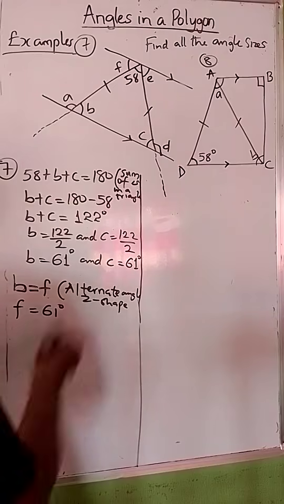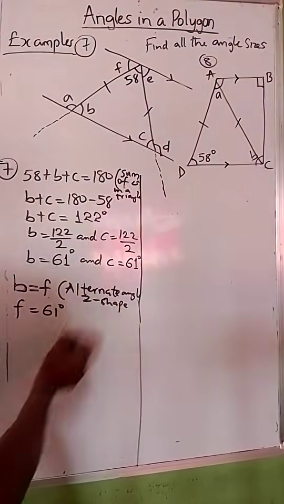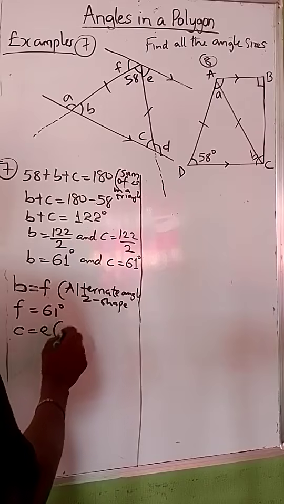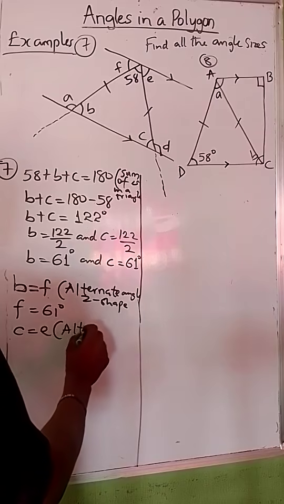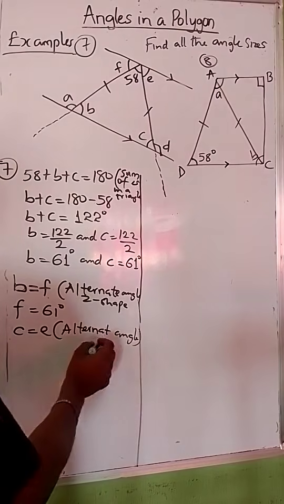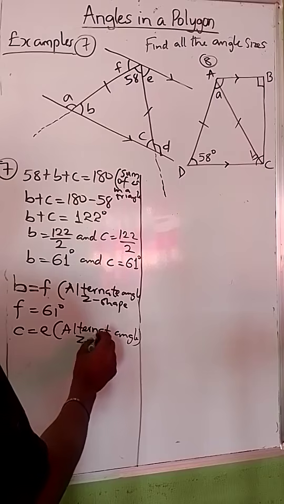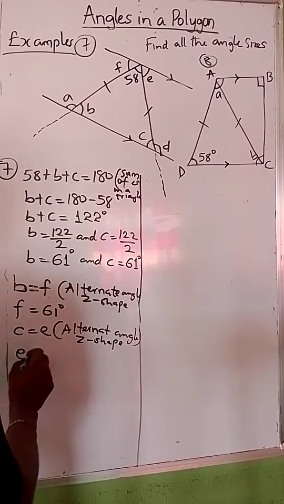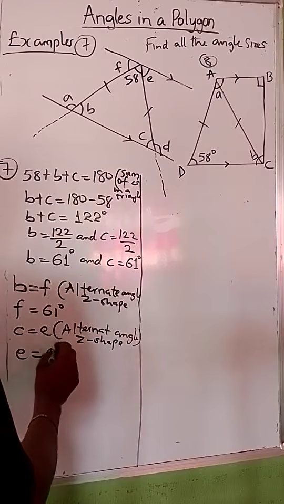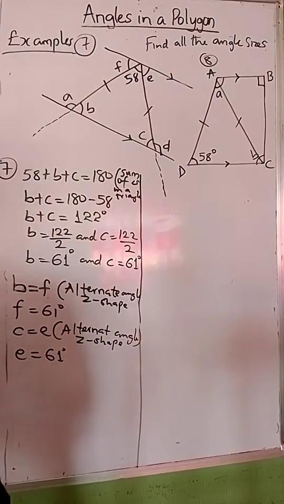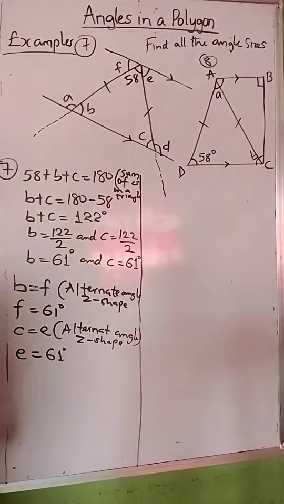The same way, since C equals 61, E also equals C. Why? Alternate angles, Z shape. So since C equals 61, E also equals 61 degrees.